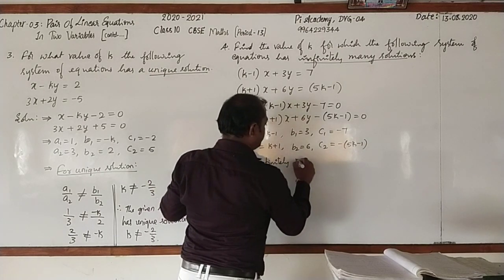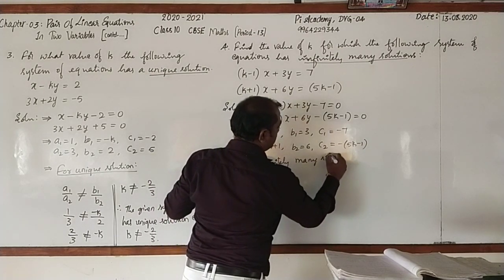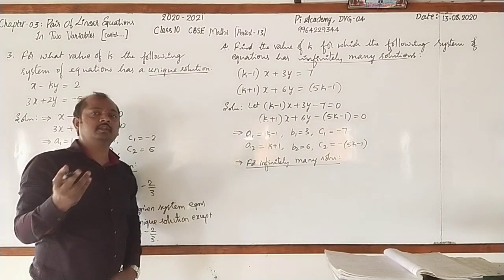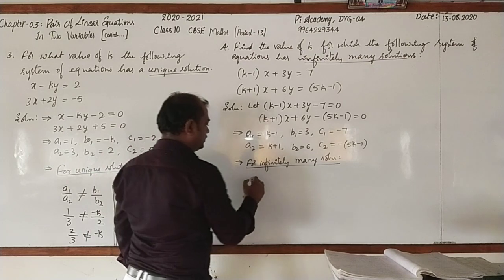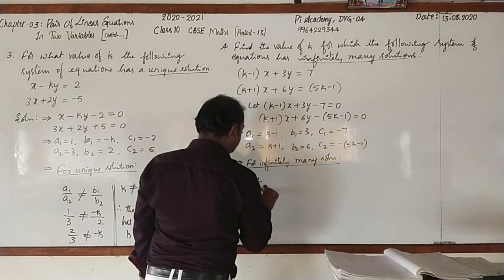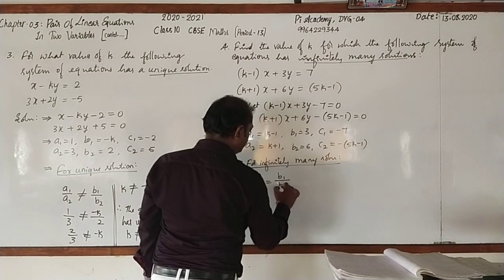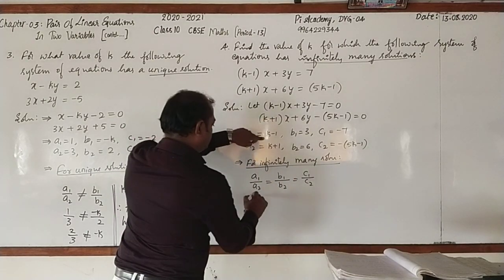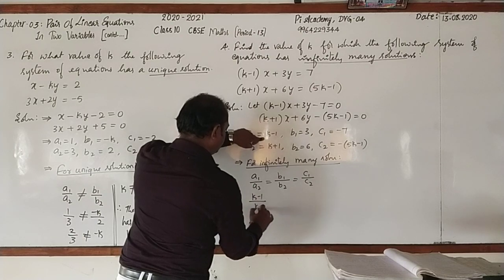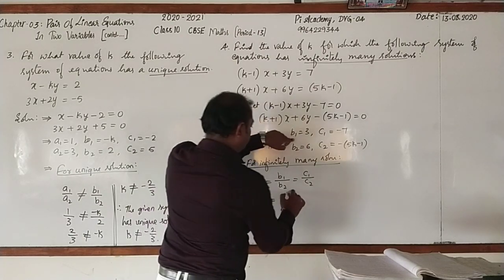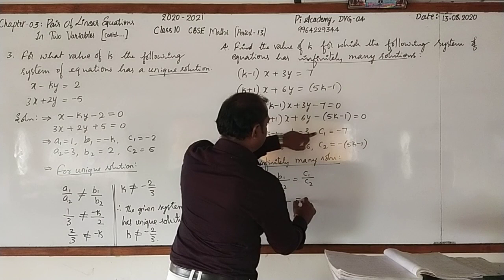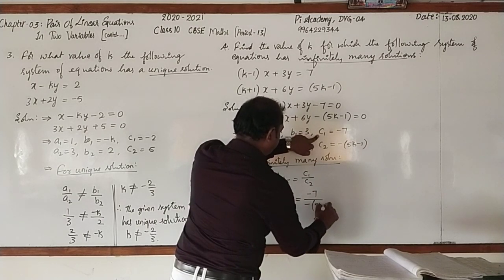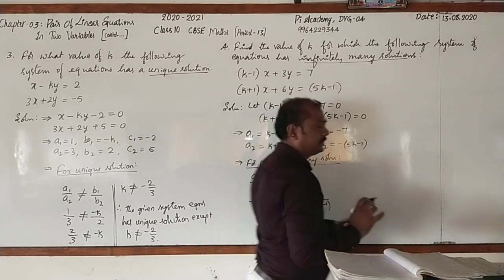What is the condition? You are right. All the three ratios are equal. Start writing with me. It is a1 by a2 is equal to b1 by b2 is equal to c1 by c2. Substitute. It is k minus 1 by k plus 1, 3 by 6, it is minus 7 by minus of 5k minus 1.